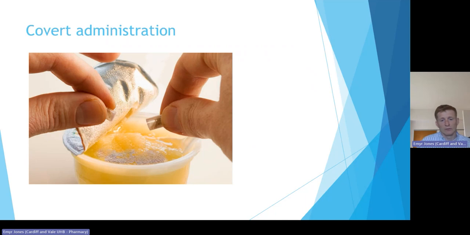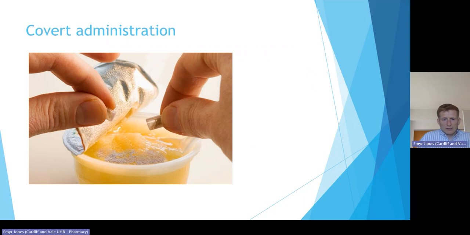Covert administration is a term we use for medicines that are administered in disguised form without the knowledge or consent of the resident receiving them. For example, when we add medicines to food or drinks. This is separate to the management of acute confusional states like delirium caused by something like an infection. Those are separate to the need for covert administration.